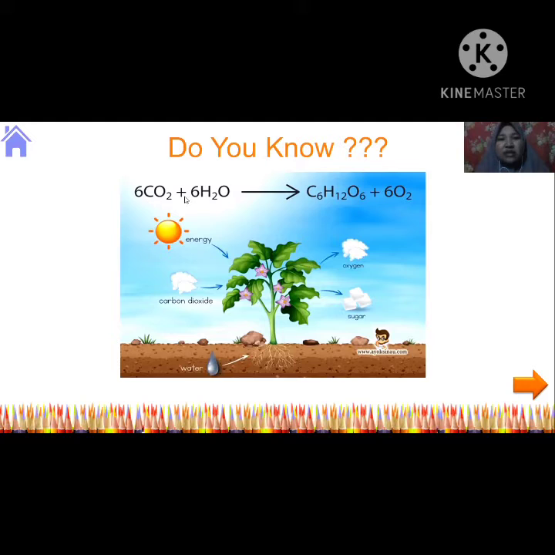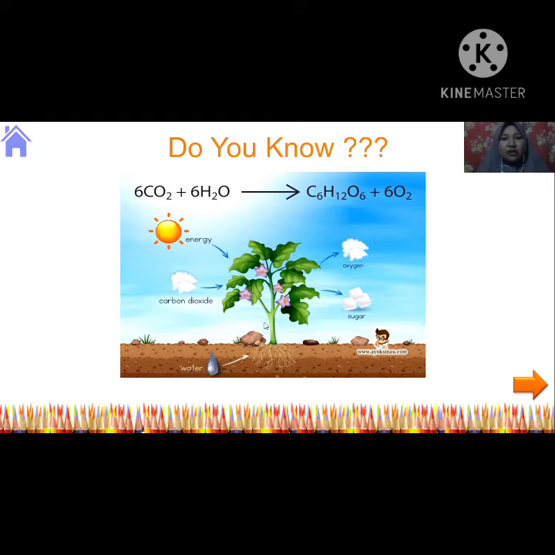There is carbon dioxide plus water equals sugar plus O2. And the reaction equation is 6CO2 plus 6H2O equals C6H12O6 plus 6O2.